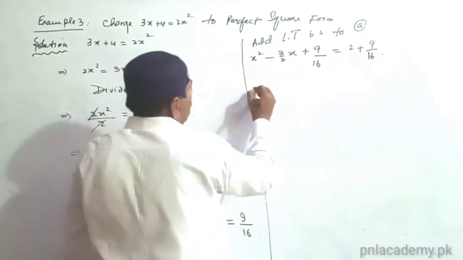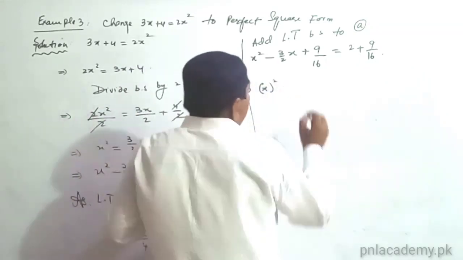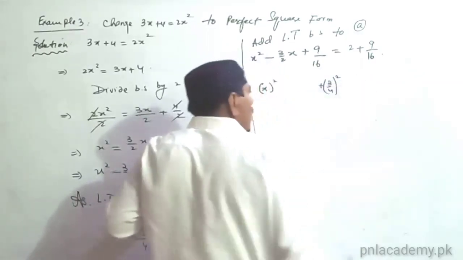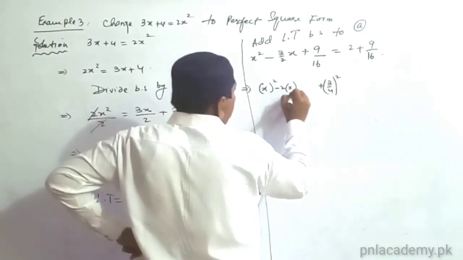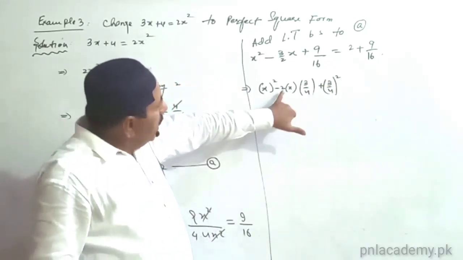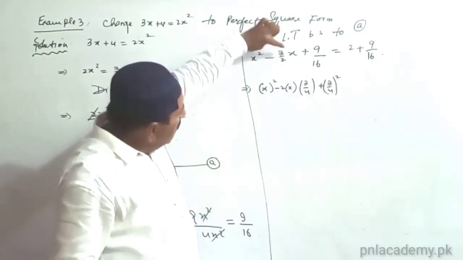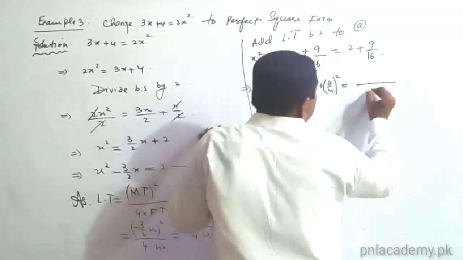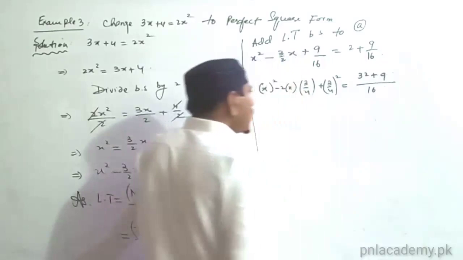So here we can write x whole square. The last term is plus 3 upon 4 whole square. The middle term is minus twice of x and 3 upon 4. If we calculate minus twice of x into 3 upon 4, the result is minus 3 upon 2x. On the right side, 16 is the LCM, so 32 plus 9.